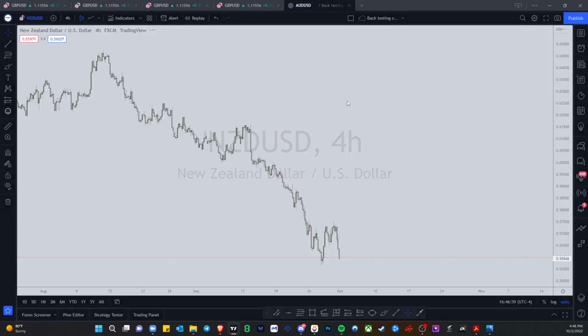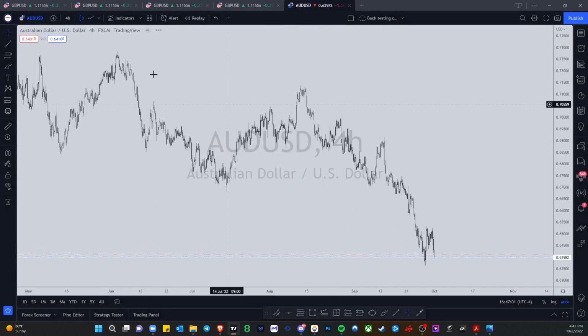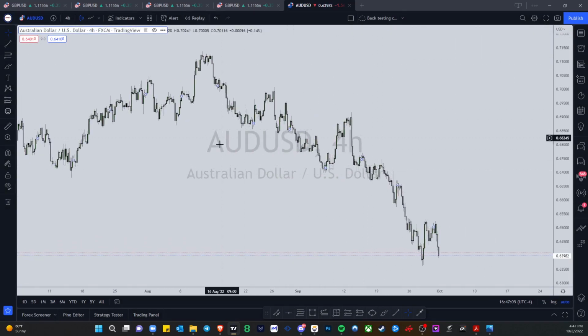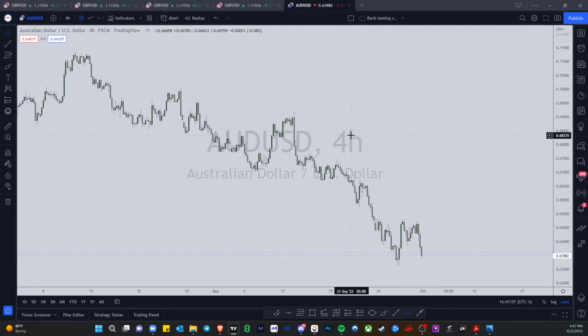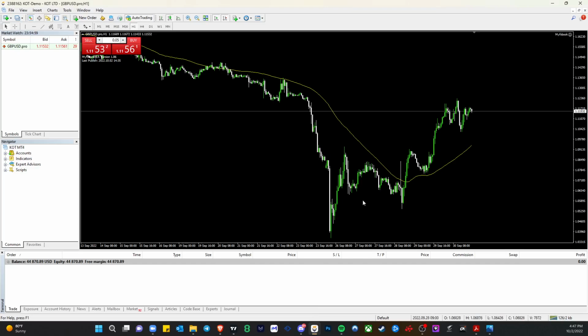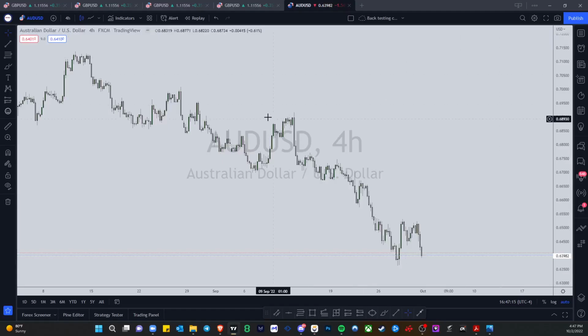This platform is where you analyze, so you get more tools. It's cleaner and a little bit simpler than analyzing on the broker's platform.